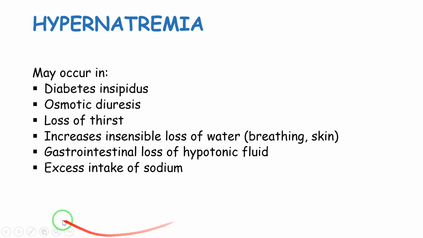The diabetes insipidus that leads to hypernatremia may be either nephrogenic, when the kidney cannot respond to the antidiuretic hormone, or central, when there is a decrease in the secretion of antidiuretic hormone.